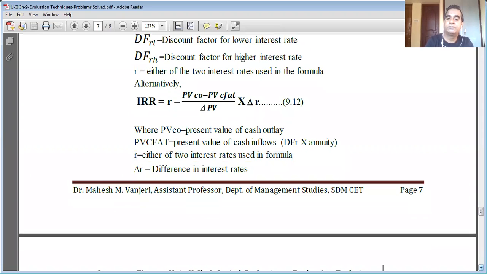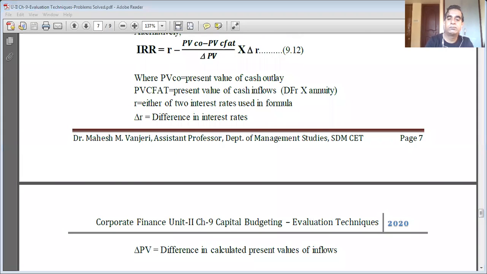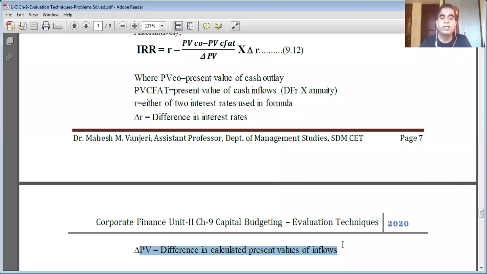And delta PV is the difference in the calculated present value of cash inflows.